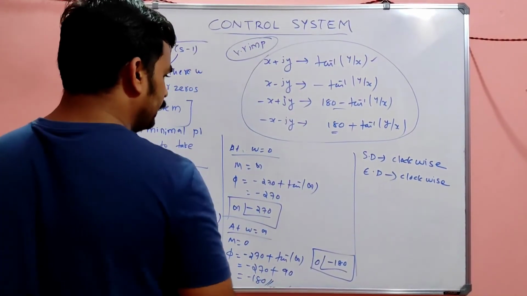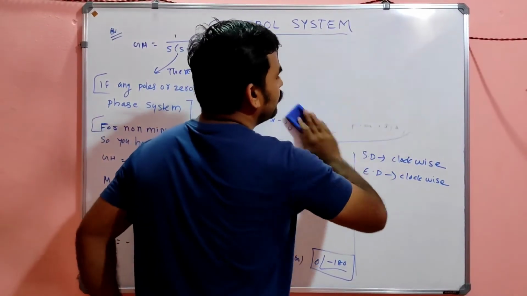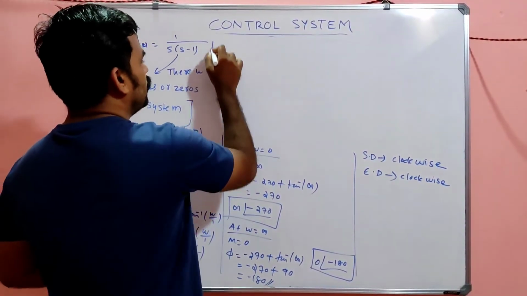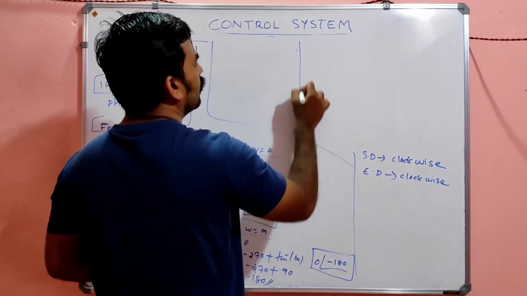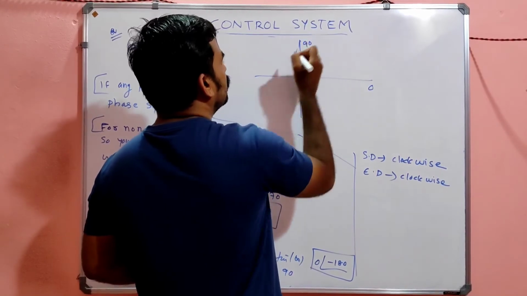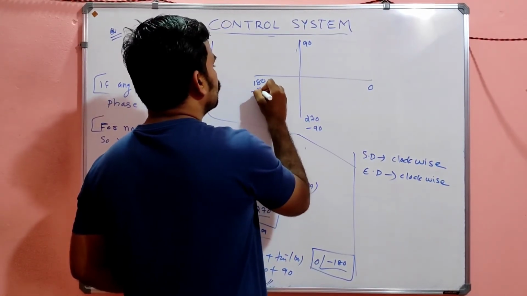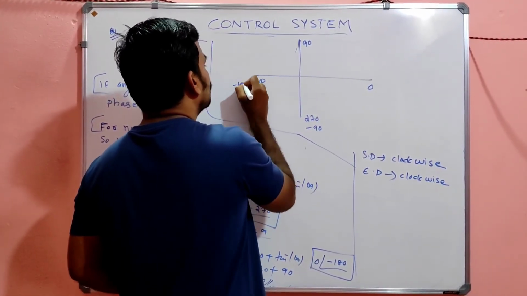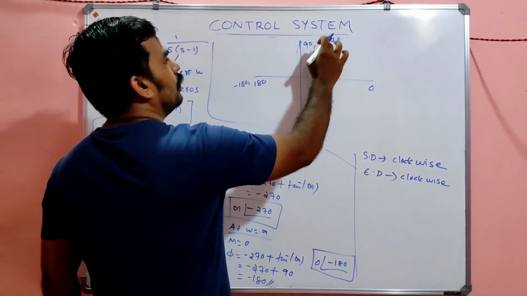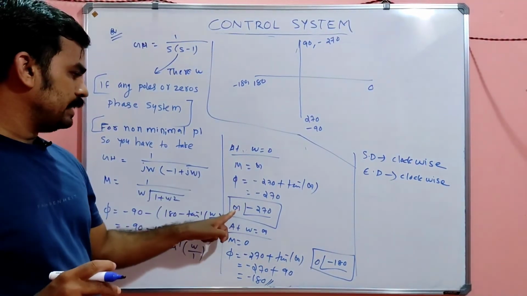So what about our plot, my dears? At omega equal to 0, infinity angle minus 270.